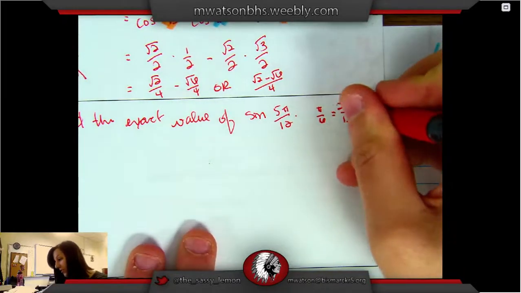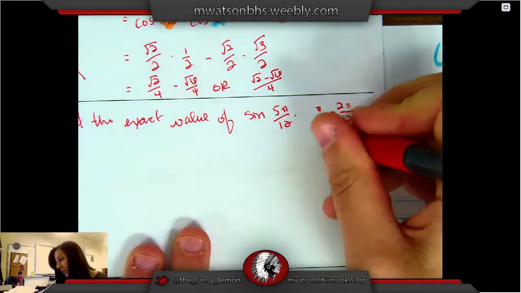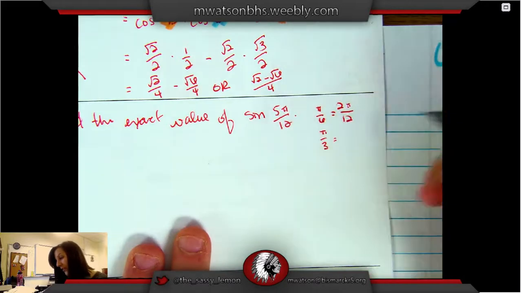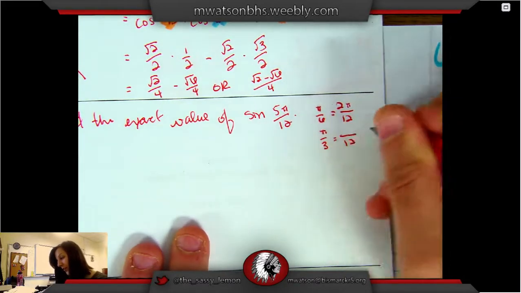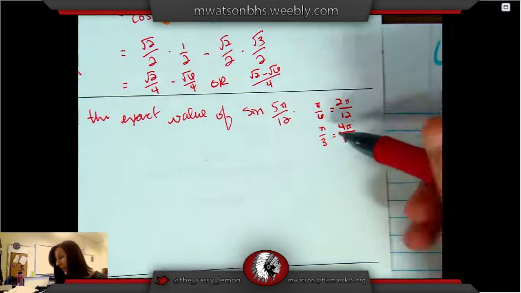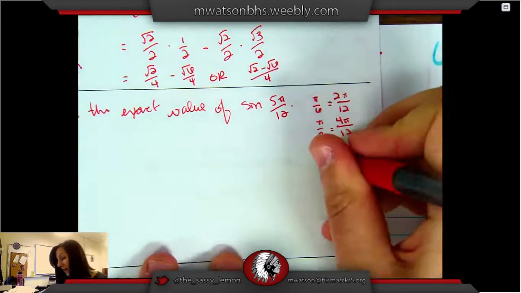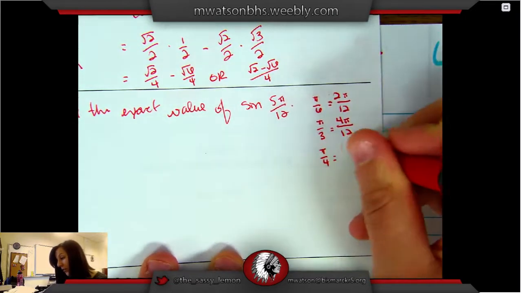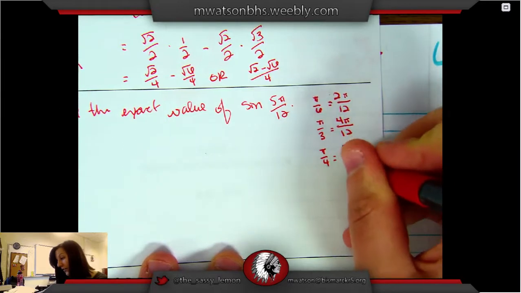Hopefully you all know, 2 pi over 12. Pi over 3 is equal to what over 12? 4 pi over 12. I just multiply top and bottom by 4. Pi over 4 is equal to 3 pi over 12.